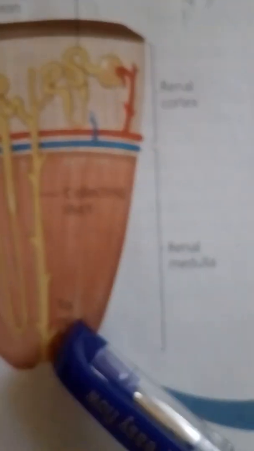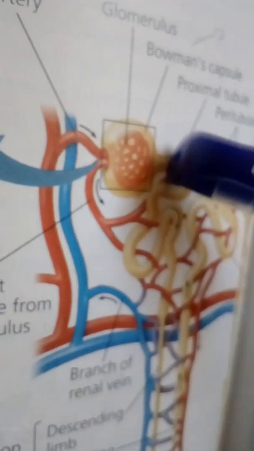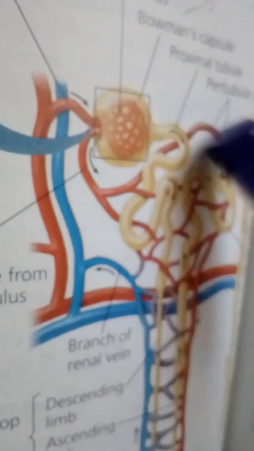Closer look at the nephron. Notice the filtrate, the function of filtration and blood flow. The function is so clear in this diagram. And this is the real photo. Notice the afferent arteriole from the renal artery, the glomerulus and Bowman's capsule, the proximal tubule and peritubular capillaries, and notice the distal tubule and collecting ducts.